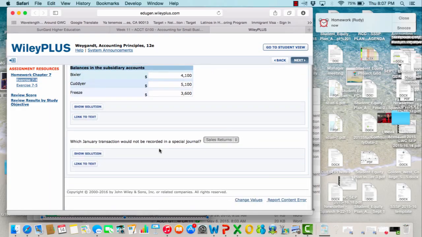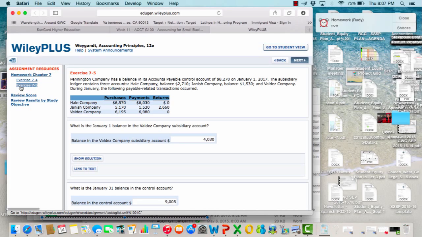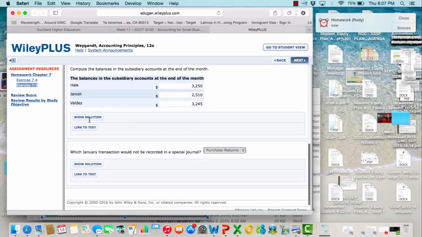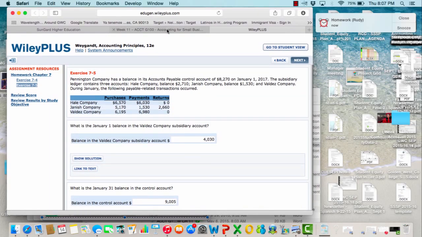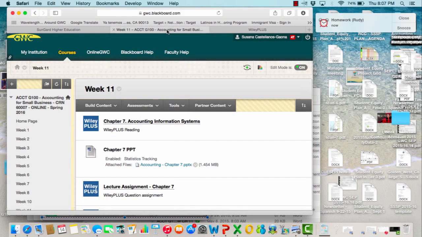And it's going to ask you to identify which transaction will not be recorded in a special journal. Similarly for 7.5, it's the same thing, just a different problem. I did not want to give you a quiz. That was going to be redundant, so no quiz for this week.